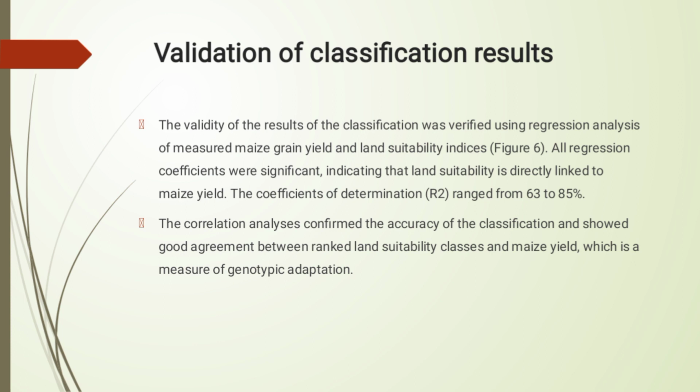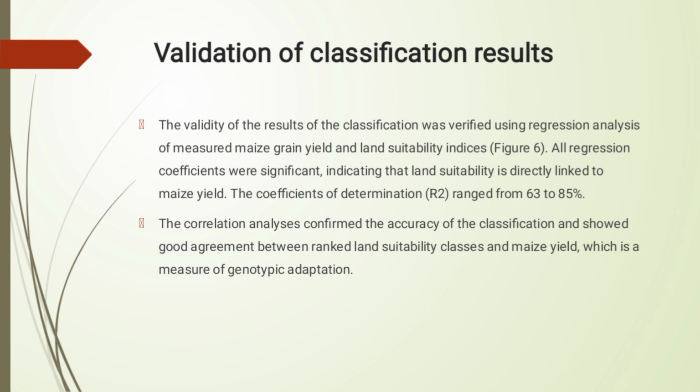The validation of the classification result. The validity of the result of the classification was verified using regression analysis of measured maize grain yield and land suitability indices. All regression coefficients were significant, indicating that land suitability is directly linked to maize yield.